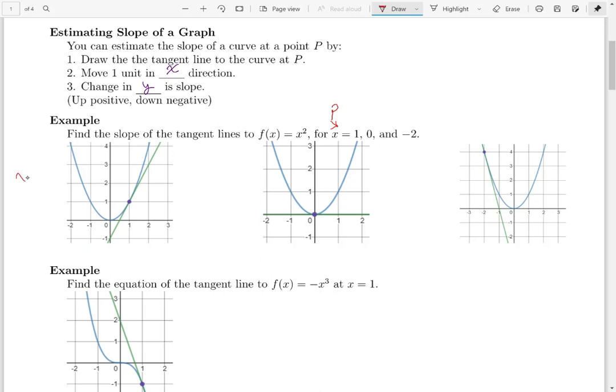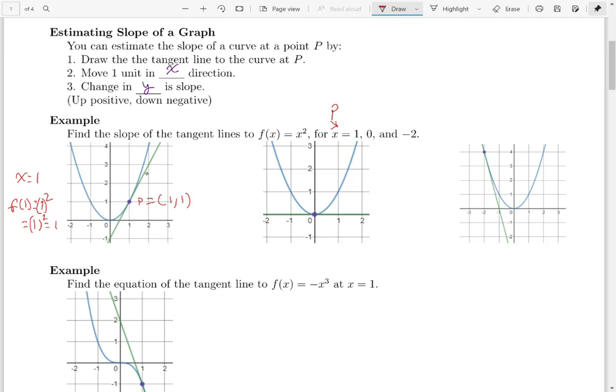And so if we were to let x equal 1, then we can calculate what is f of 1. Well, because this function is x squared, that's going to be 1 squared, and so we now know that the y point is 1. And so this point P is equal to the ordered pair (1, 1).